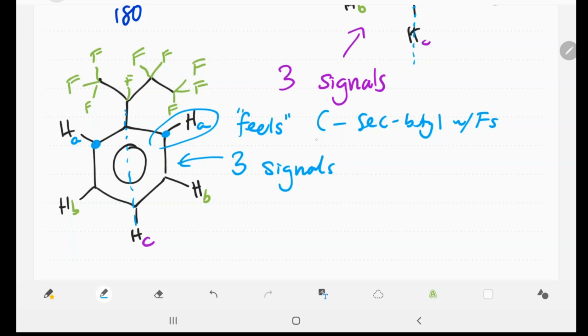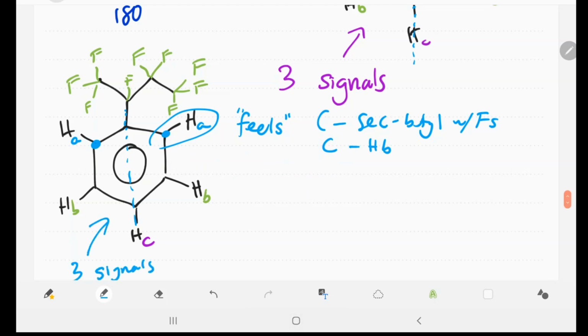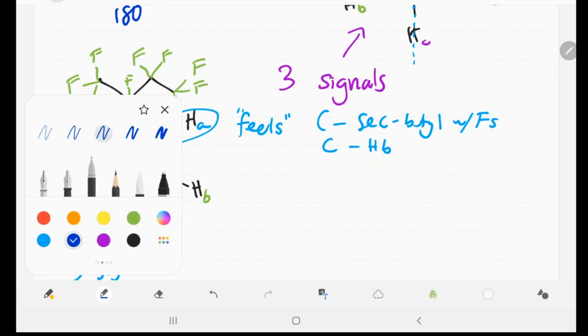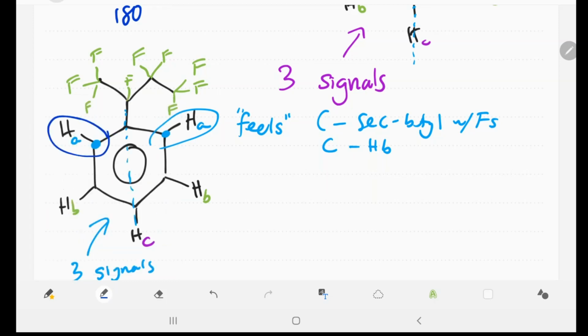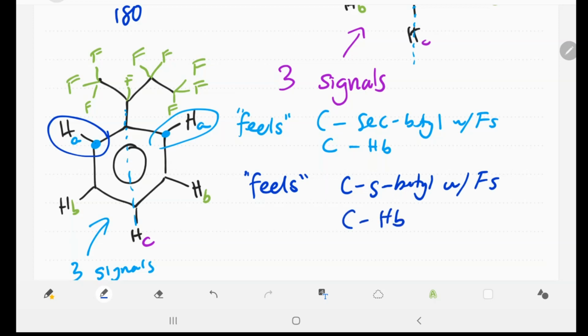And it also feels the carbon to hydrogen B. I'm going to write this down here instead. If we think about this one, it feels the carbon next to the sec butyl with all the fluorines. And it also feels a carbon to a hydrogen, right? I'm going to get rid of those.